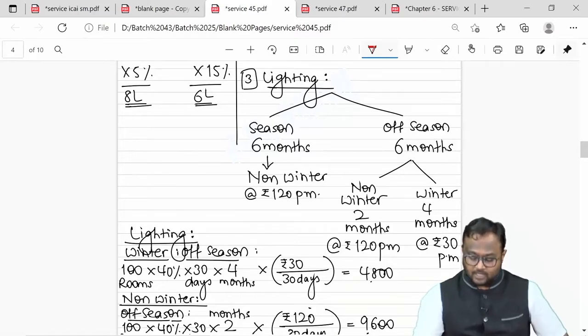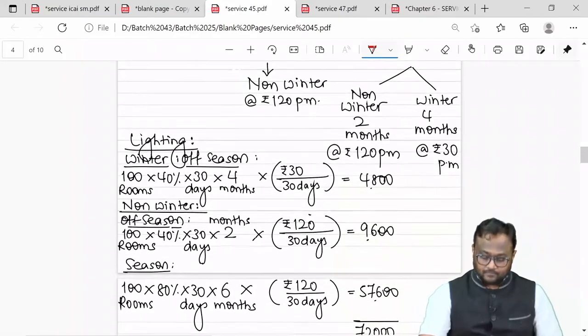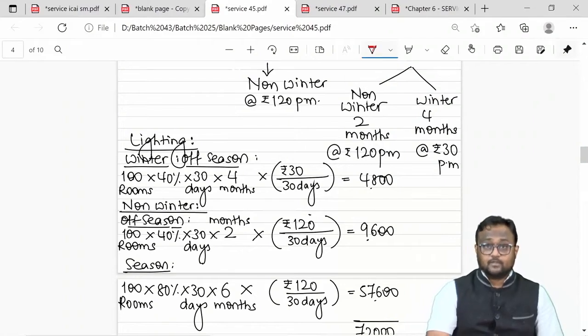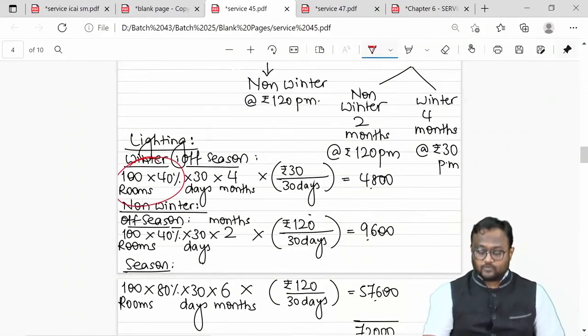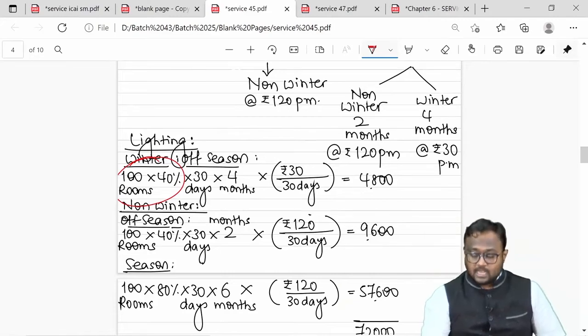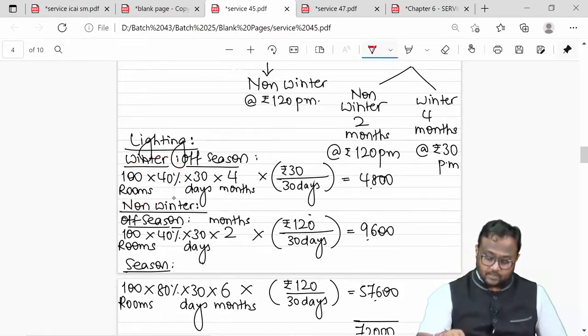Listen carefully. When it is winter, which forms part of off season, occupancy was 40% for 120 days, 4 months. And since I was getting the answer in terms of room days, I applied 30 rupees per month upon 30 days, which is 1 rupee per room per day.